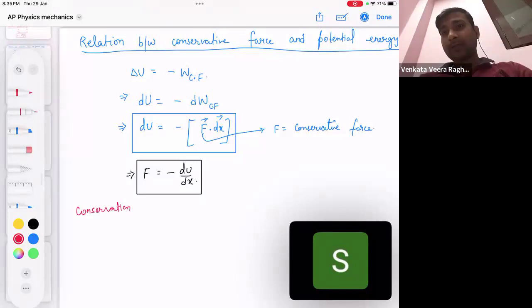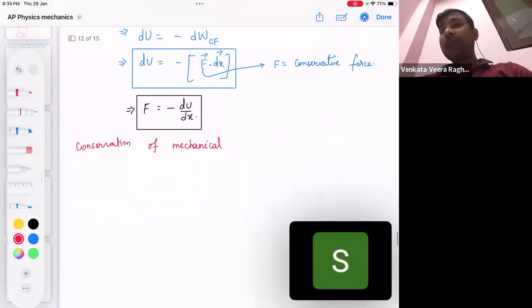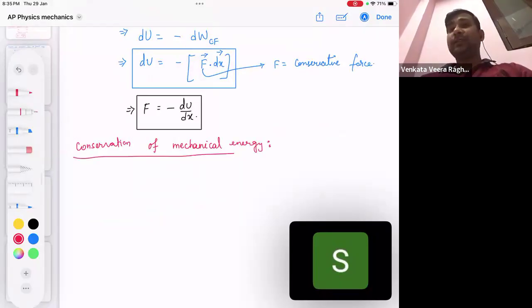Let's discuss one more thing. It's called conservation of mechanical energy, also called conservation of total energy or conservation of total mechanical energy. Now, when can we apply the conservation of mechanical energy?